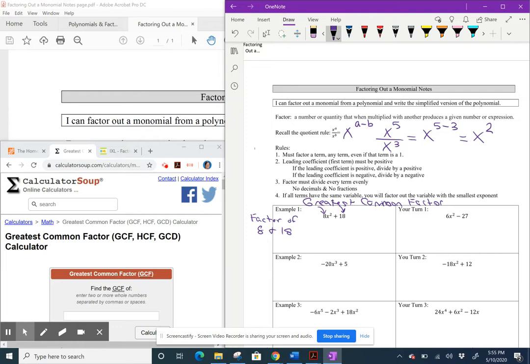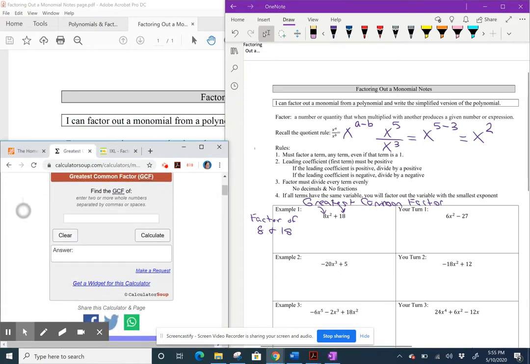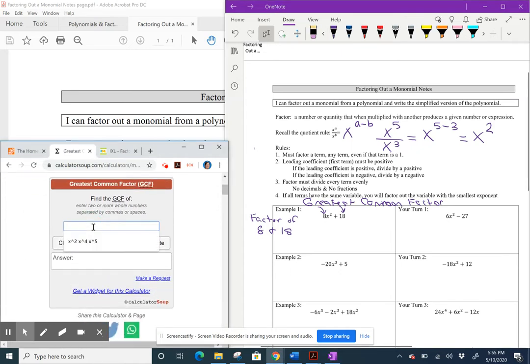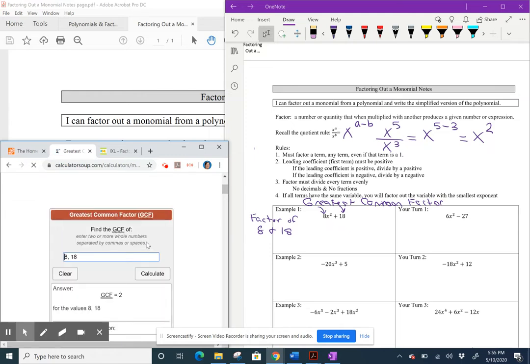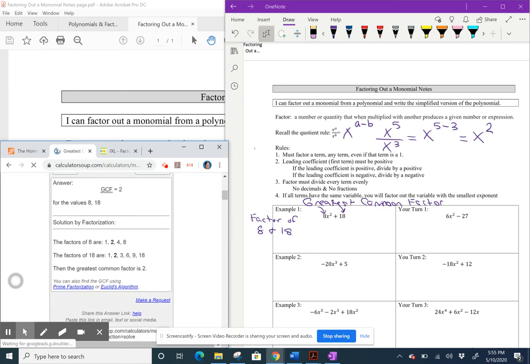So I have this calculator which your teachers will share with you to find the greatest common factor of 8 and 18. So all you have to do is type in 8, 18, and it will calculate. Now notice it breaks it down for you. It says the factors of 8 are 1, 2, 4, and 8.